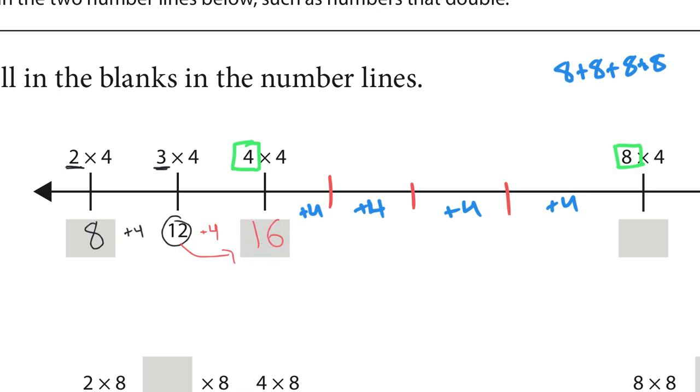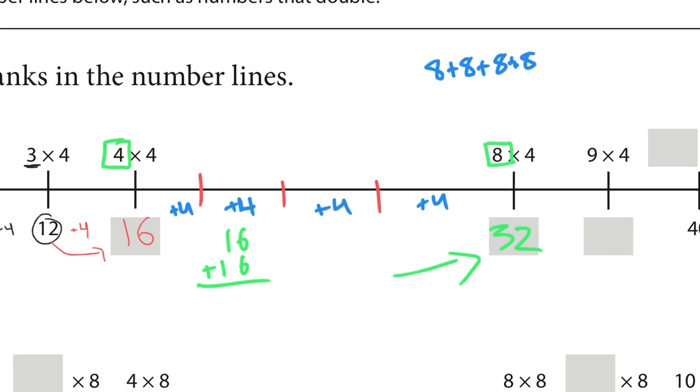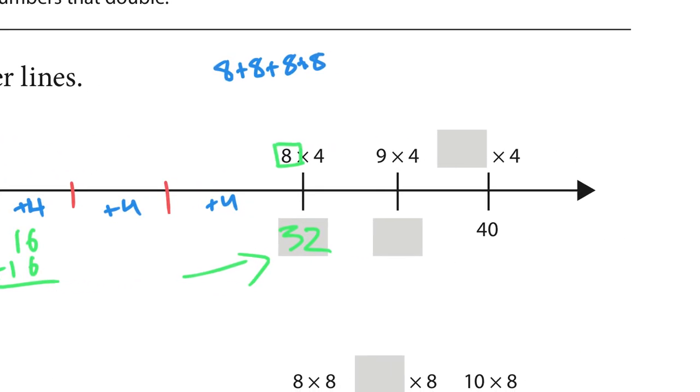Or you could say doubling it. So I could say 16 plus 16 is going to be this answer here. So that's one way to think of it. Also, if you know your math facts, you know that 8 times 4 is 32. But either way, there's so many ways to solve this. That's one of the great things about assignments like this, is you can discover patterns.